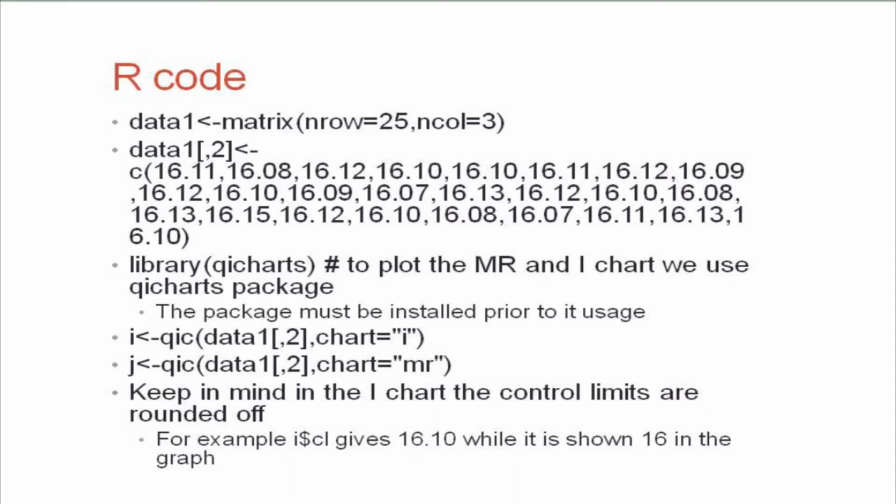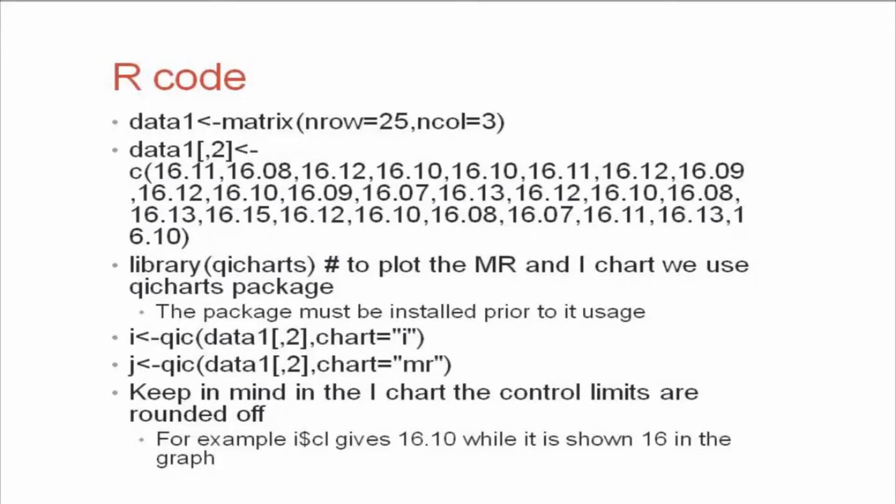When you draw the charts, you find the average, the upper control and lower control limits, and based on that you give your judgment whether it is normal or not. We should keep in mind that the control limits in the chart are rounded off. They can be put to 2 decimal places or 3 decimal places, but we round off to give a fast result and do the calculation, and conceptually that would not matter.